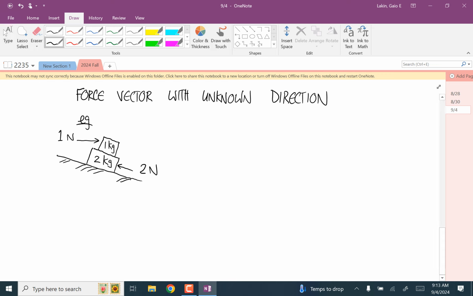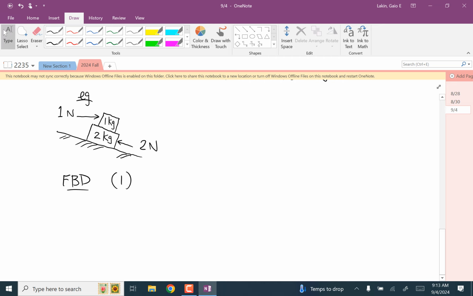Okay, so the free body diagram of the 1 kilogram block. You have a weight force down of 1 times 9.81.